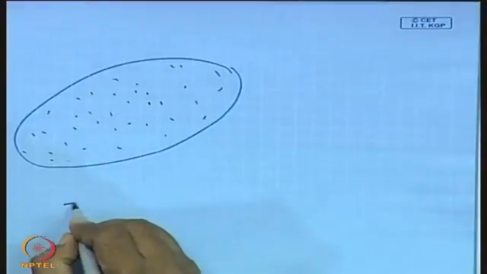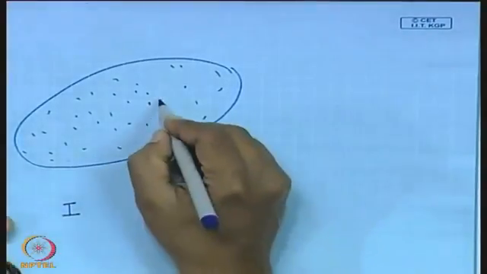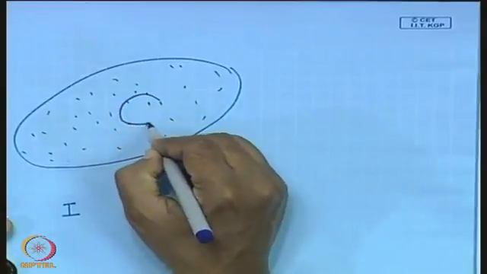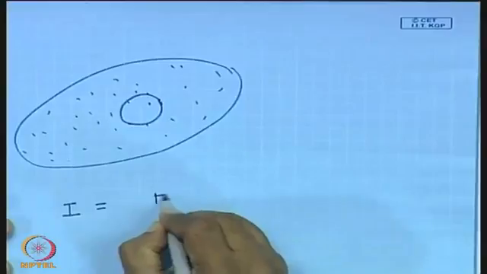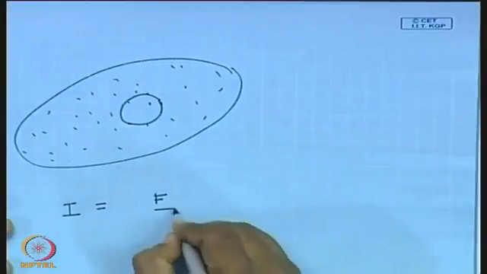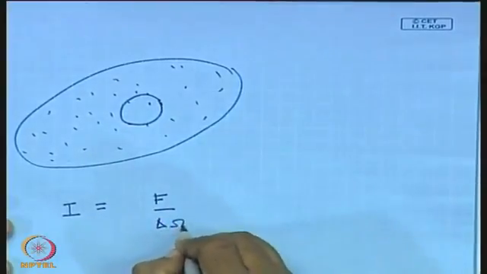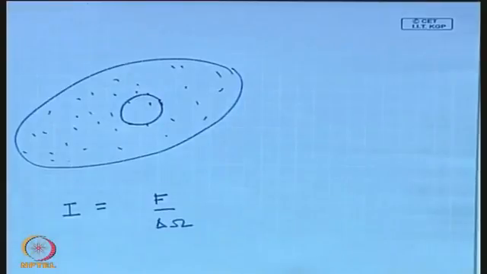Now, when I measure the specific intensity from the galaxy, what we do is we measure the light coming from a solid angle delta omega. So, this will be the flux from a solid angle delta omega. This will give me the specific intensity.